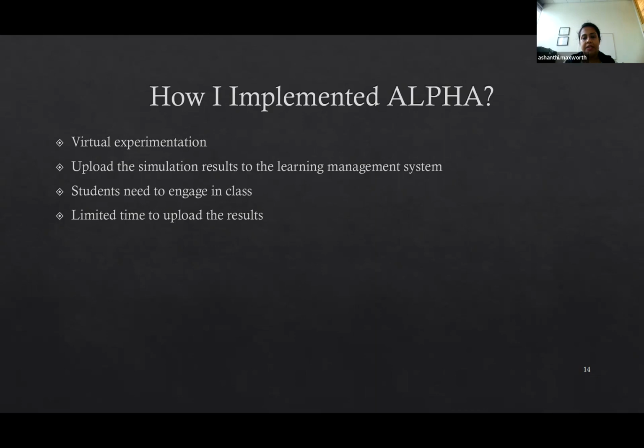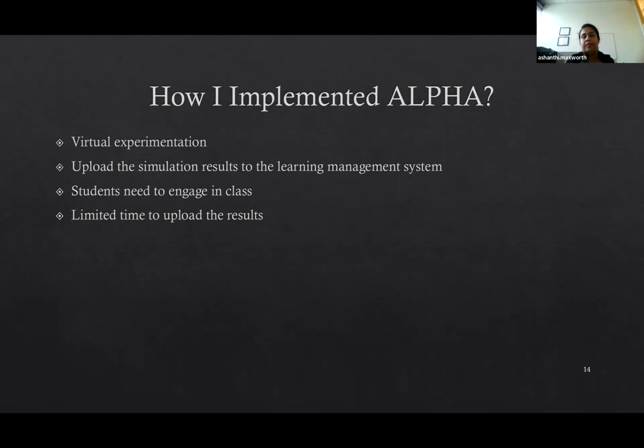So they have to engage in class. If they make a mistake, they can always ask me, or they can go back to the worksheet and fix their error. But they have to upload the results pretty much at the end of the class. I actually gave them until the end of the day if they ran into any technical difficulties.